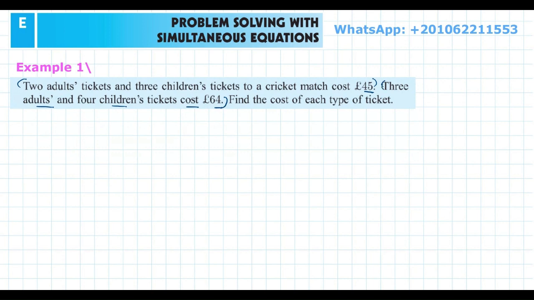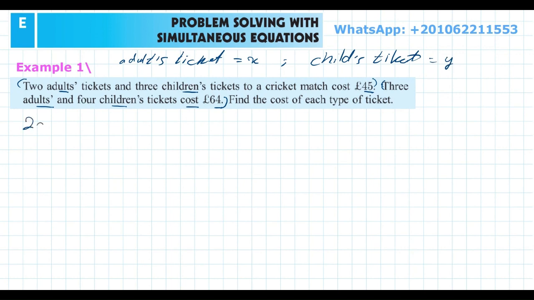Then here we have 2 variables, adults' and children's tickets. Then you can assume that you're going to indicate the adult's ticket by x and the child's ticket by y. Then about the first equation, we can convert it.